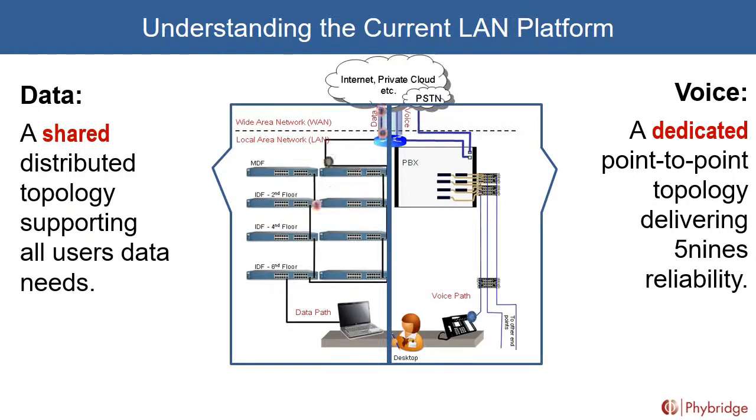Unfortunately, it was far too costly for customers to go and build out a separate path for voice. So the methodology of what we call daisy chaining, or layering your voice onto a data network, was adopted.